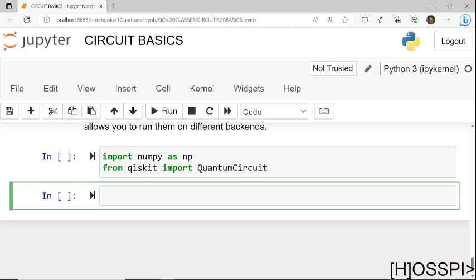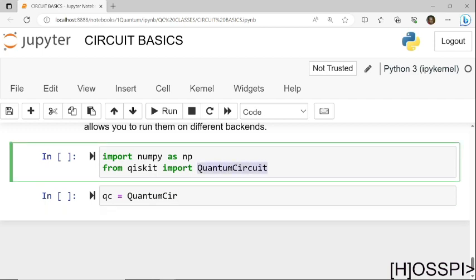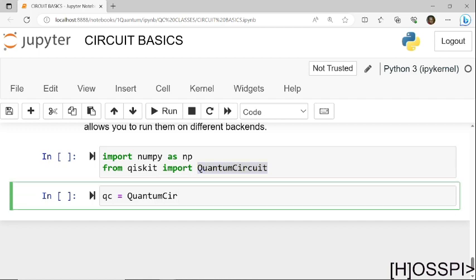Let us write some basic code where we have qc is equal to QuantumCircuit. I'm calling this, because we've imported numpy as np and from qiskit we imported the QuantumCircuit because we are using it.